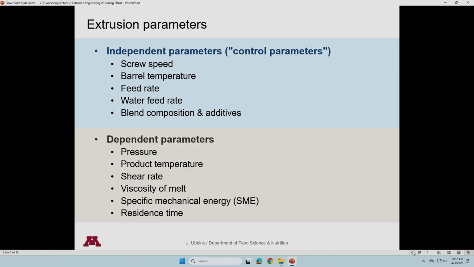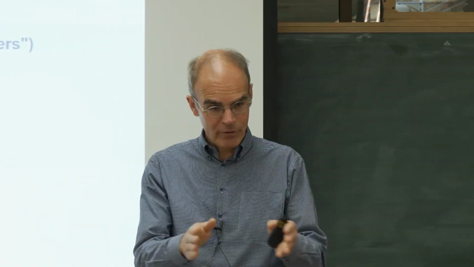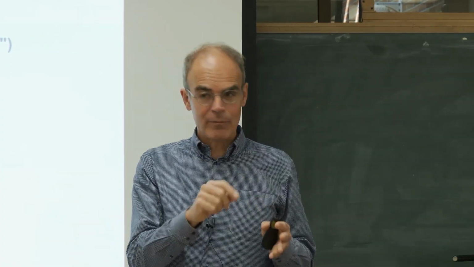There are things that we can adjust ourselves. We can just turn a knob, program a number, set a temperature. The thing that we can really easily vary is the screw speed. We have that fully under our control. We can set the barrel temperature. We can have a number of these segments. You can program them.